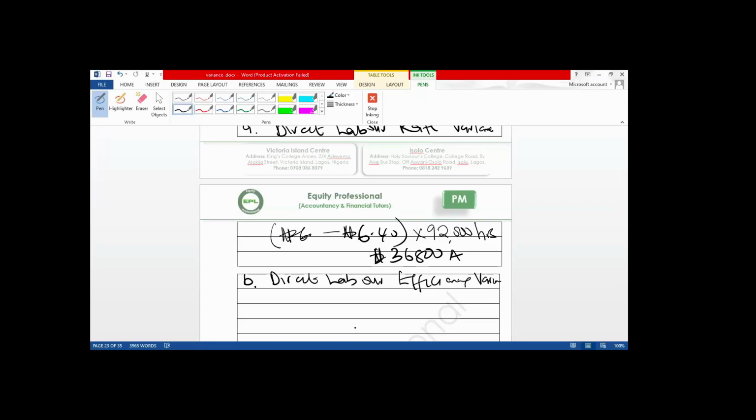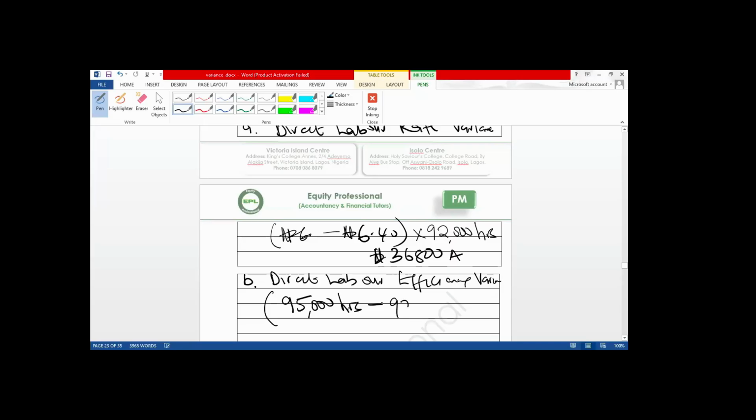Our actual production is 19,000 units, and to produce one, management said use 5 hours. So if I produce 19,000 at 5 hours, my standard labor hours should be 95,000 hours.